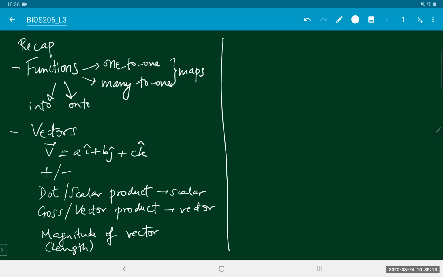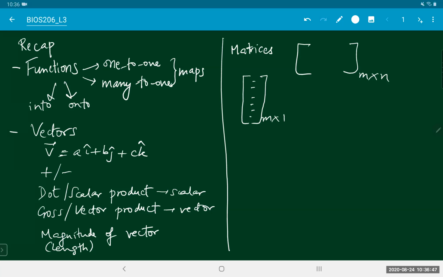Then we went on to a discussion about matrices, which are just boxes with m rows and n columns containing various elements. We saw that if n is equal to 1, so an m cross 1 matrix, it just looks like a column with m rows.